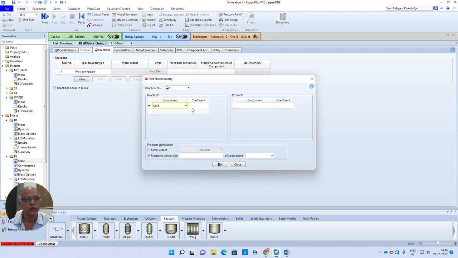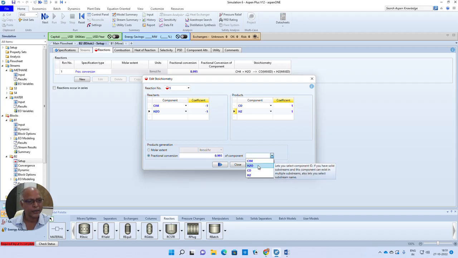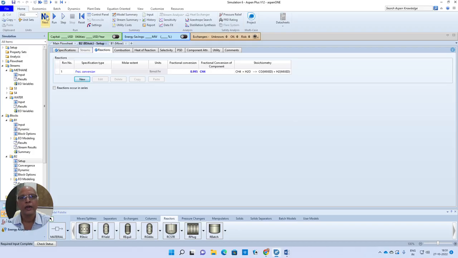So CH4 coefficient is 1, water 1, and the products are CO 1, hydrogen 1. This stoichiometry is given here. And we were given that the conversion is 0.995 with respect to methane because water is in excess. Close. Next.